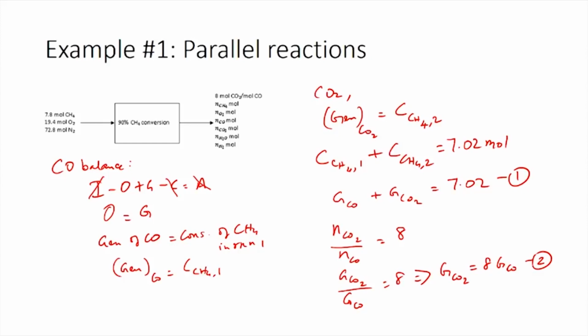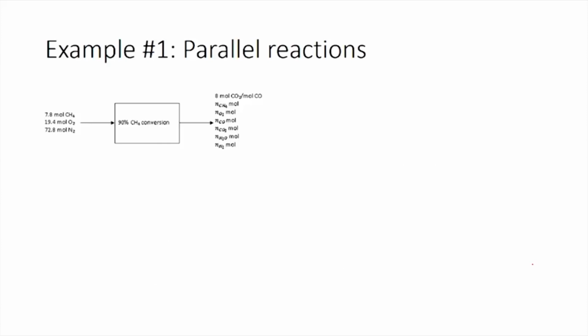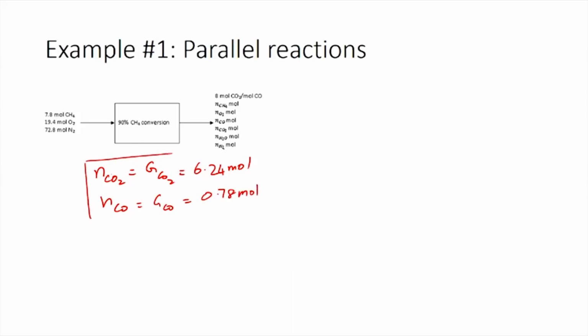By solving these two equations, we get NCO2, which is equal to the generation of CO2, as 6.24 moles, and NCO, which is equal to the generation of carbon monoxide, again equal to 0.78 moles. So, this gives us the information about the carbon monoxide and carbon dioxide leaving the system.